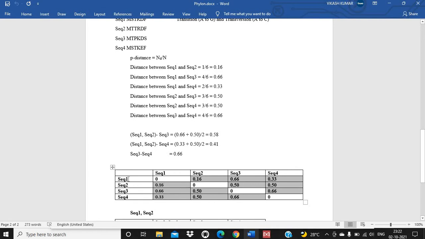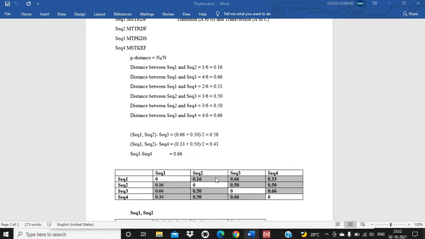When we compare sec1 with sec1, we get the same sequence, so we have 0 p distance, and the p distance for sec1 and sec2 is 0.16. In this way we fill this table, and we see that the diagonal is the comparison with itself.